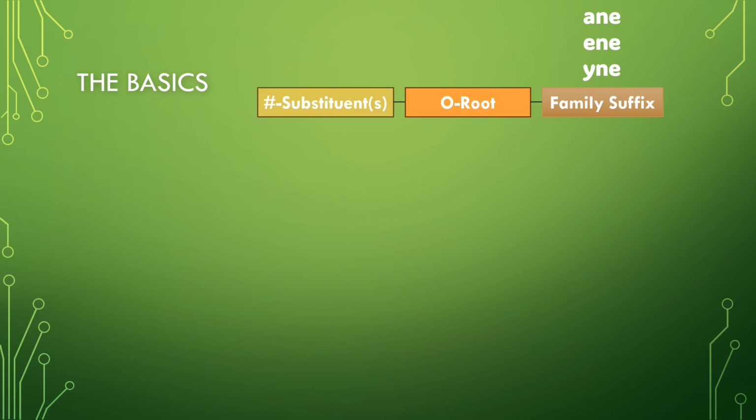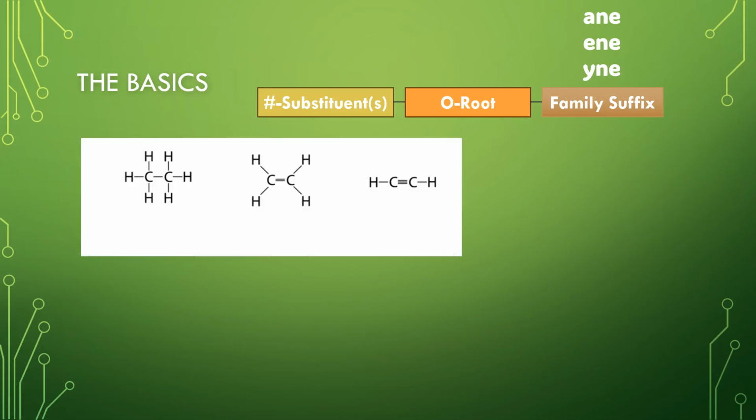So in looking at our simplest unsaturated hydrocarbons, those that only have two carbons in the chain, we can see there's a similarity between the name of our saturated one and our unsaturated. We have ethane for the saturated, and then ethene and ethyne. Note also the change in their chemical formulas as hydrogens are lost to make room for these multiple bonds.